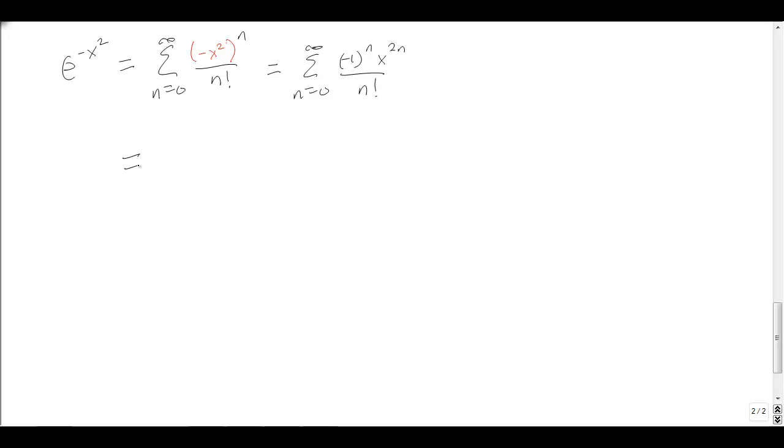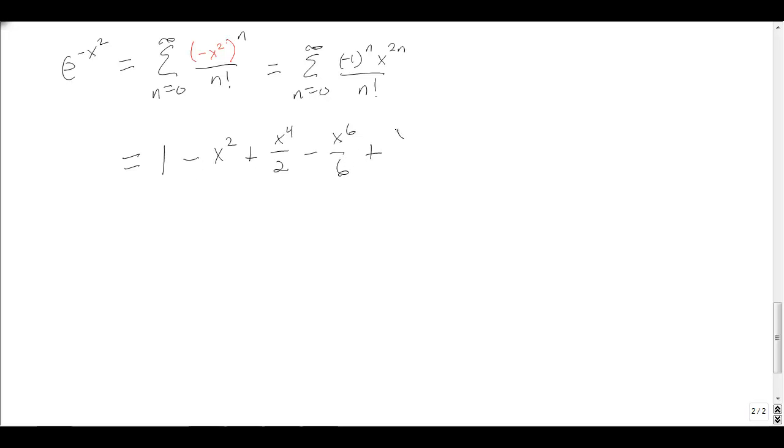And I think it wanted the first 6 terms. So n equals 0 is going to give us a 1. Plug in n equals 1, I'm going to get negative x squared. Plug in n equals 2, I'm going to get x to the 4th over 2 factorial. Plug in n equals 3, get negative x to the 6th over 3 factorial, which is 6.